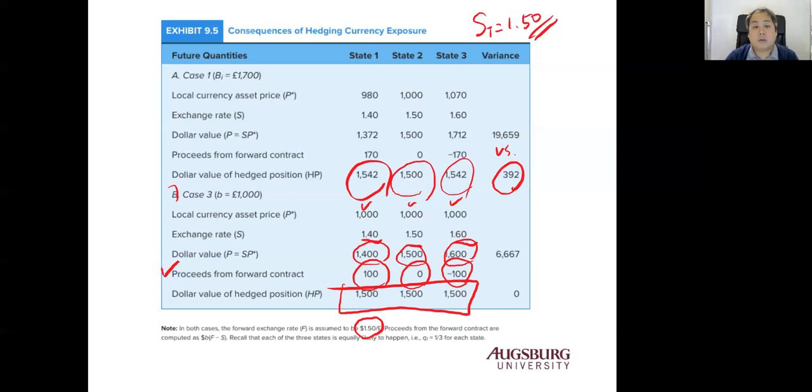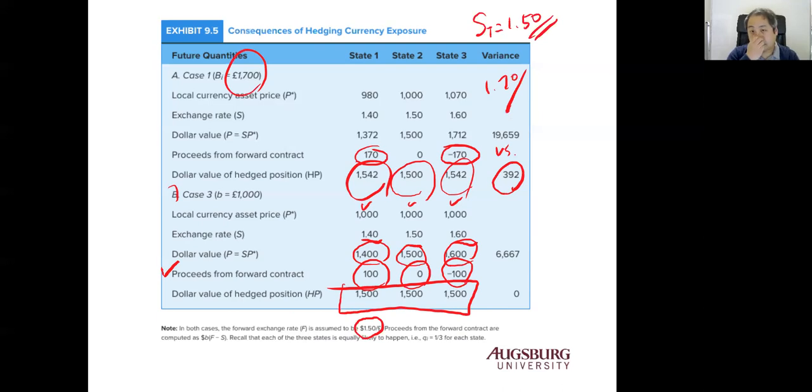So the variance of the dollar value itself without forward contracts is 19,659. Now after hedging with the forward contract, it lowered to 392, because there are some proceeds from this forward contract, right?